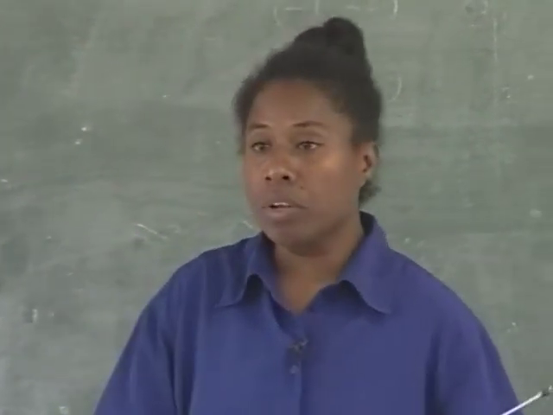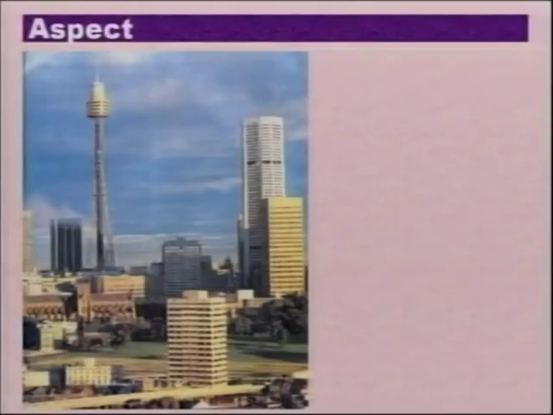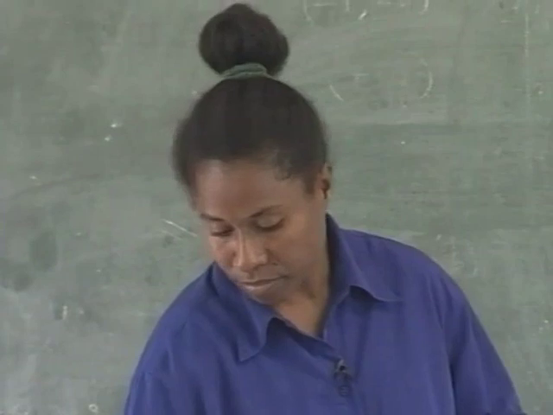Another example we looked at was buildings in a city. You can see the lighted area where the buildings are directly exposed to the sun's light, and the shaded areas where the sun's energy is not directly heating up. These lit areas would be hotter in comparison to those areas that are not directly exposed to the sun.